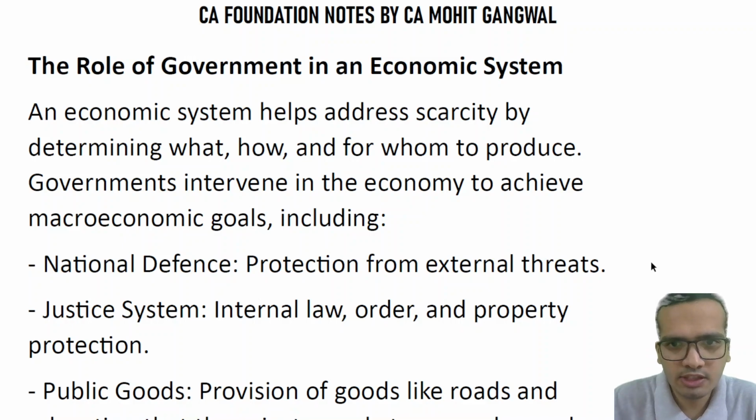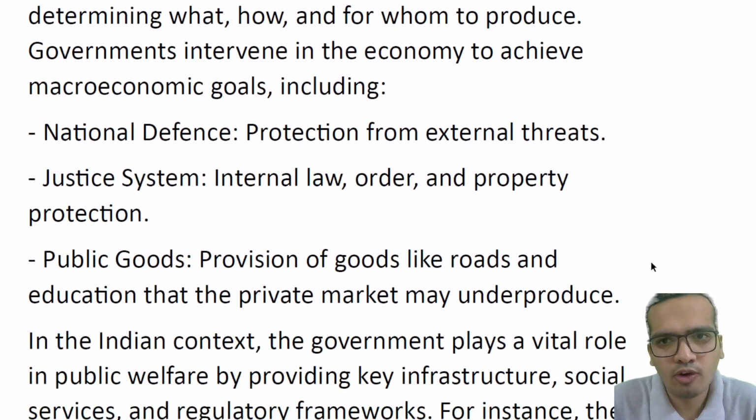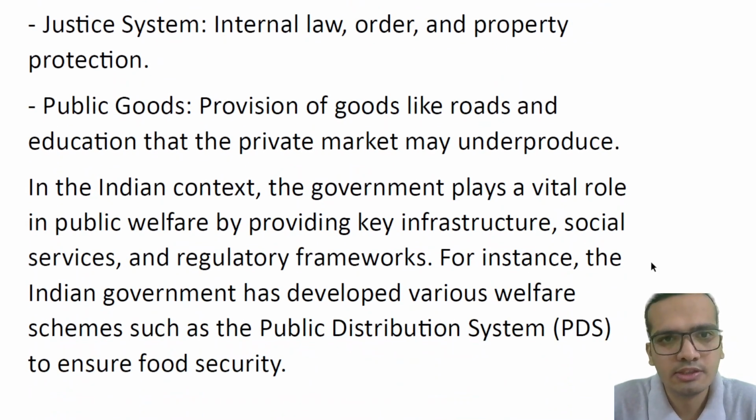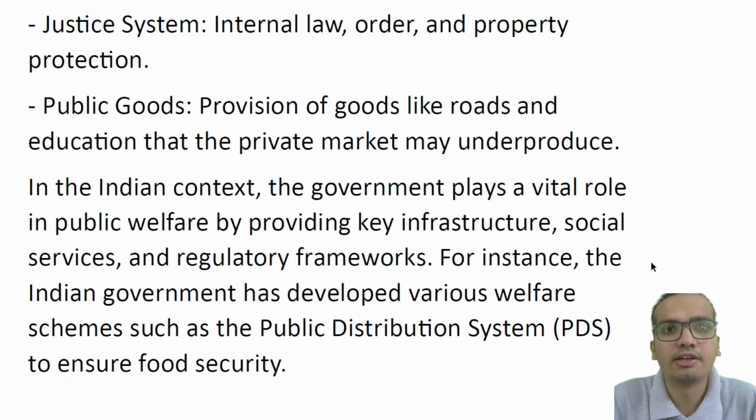Government intervenes in the economy to achieve macroeconomic goals including national defense, that is protecting from external threats, justice system, that's internal law, order and property protection. Third, public goods, that's provision of goods like roads and education that the private market may underproduce.